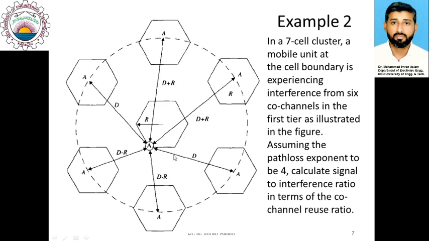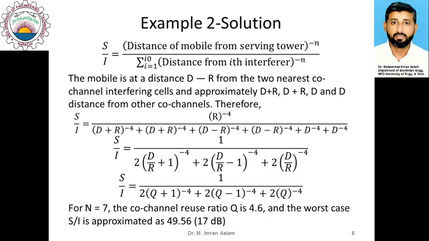Similarly, this one can be approximated to D, and the two nearer ones can be approximated at D minus R. So for this geometry, we can assume that two of the co-channel base stations are at a distance of D plus R, two of the base stations are at a distance of D, and two of the base stations are at a distance of D minus R, with some approximation.